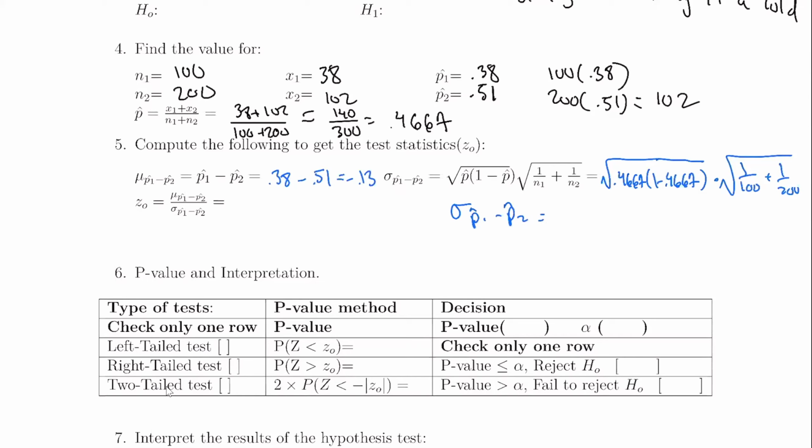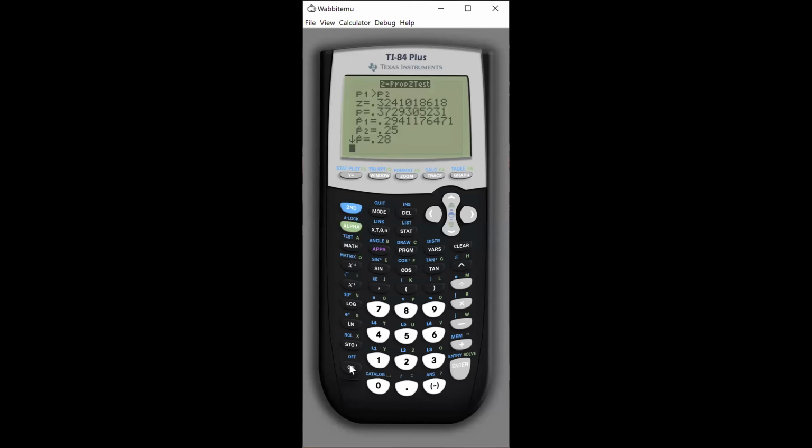So let's do this in the TI-84 so that I can show you how to do it. We'll say square root of 0.4667 parenthesis 1 minus 0.4667 close parenthesis.